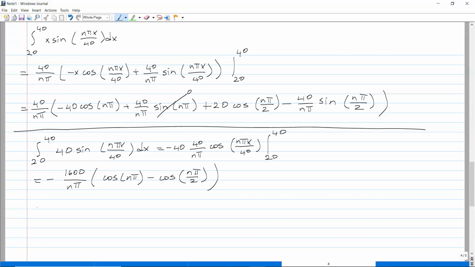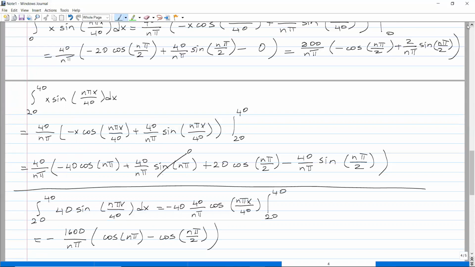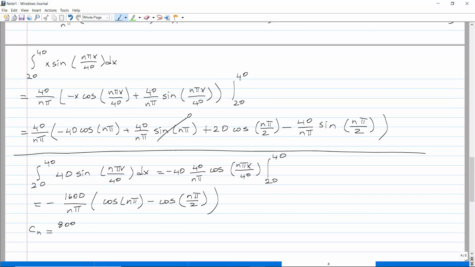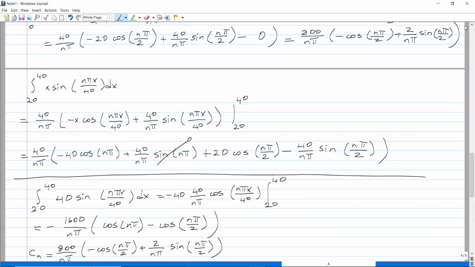Okay, so let's put everything together. Then the constant Cn, the first integral: 800 over n pi minus cosine n pi over 2 plus 2 over n pi sine n pi over 2. Did I do this right? Yes.